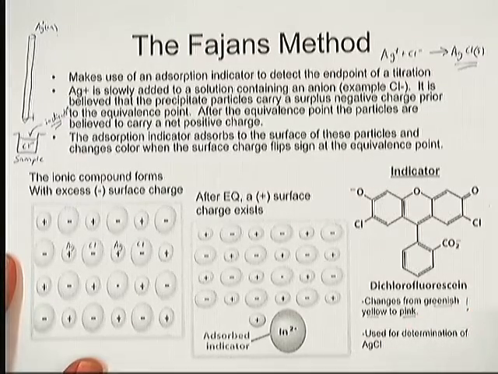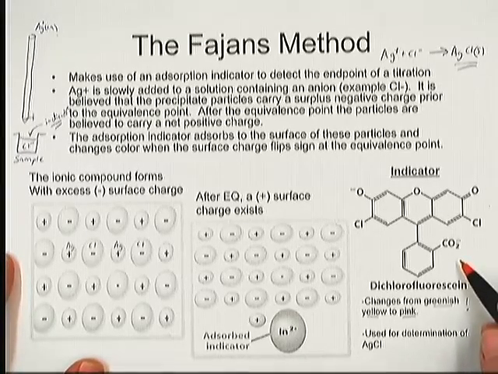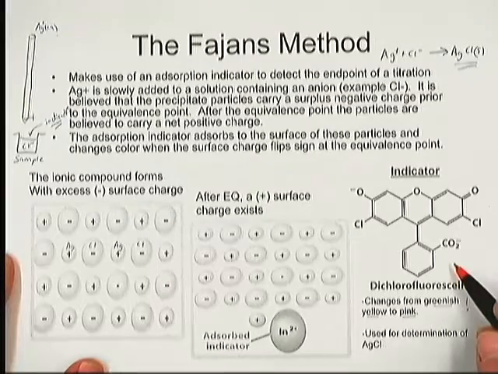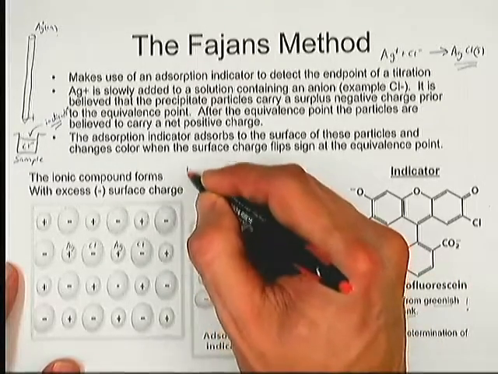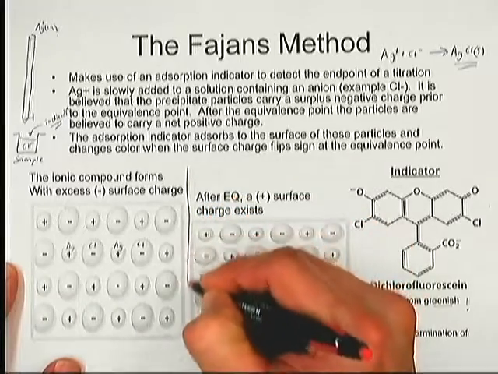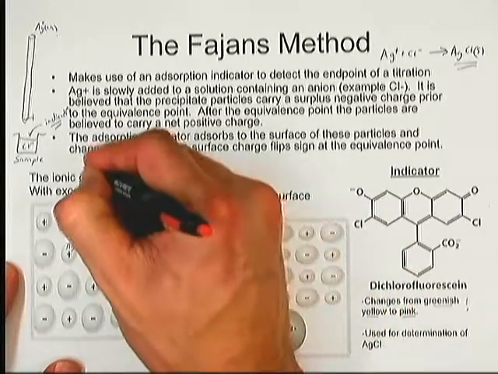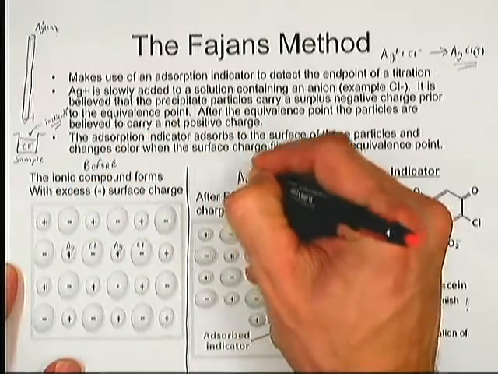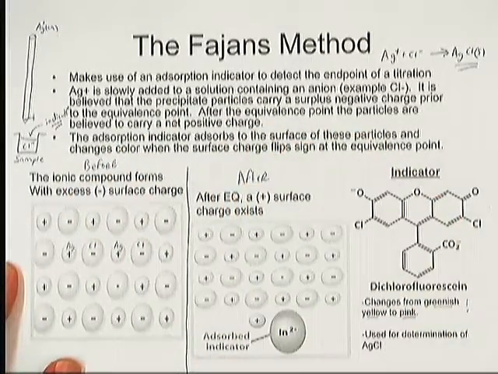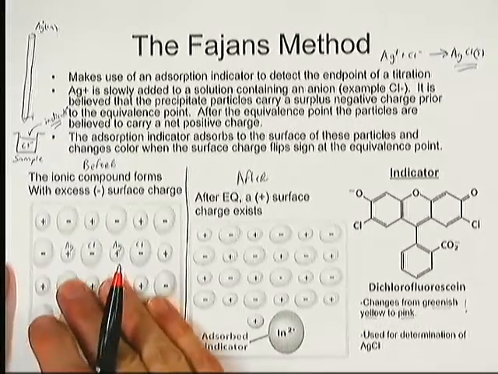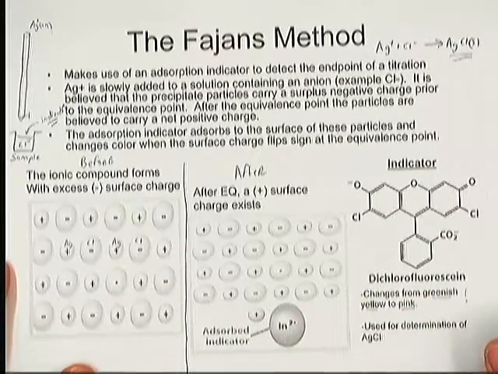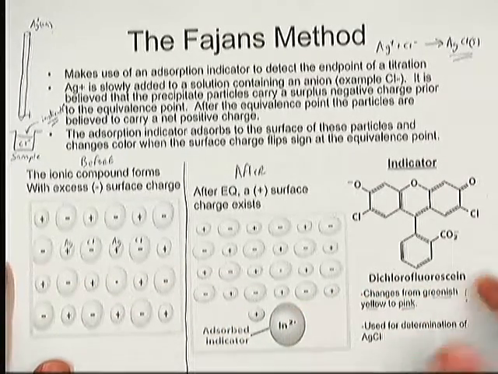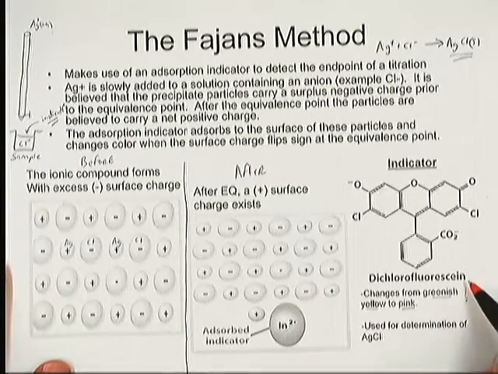and that's going to signal our end point. The way that this is believed to work is another interesting part of this titration. What I've done here is I have a figure in the middle. It's basically meant to show before and after the equivalence point, respectively, in terms of what's happening with this dichlorofluorescein dye.